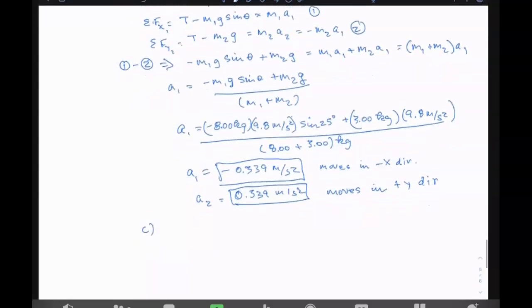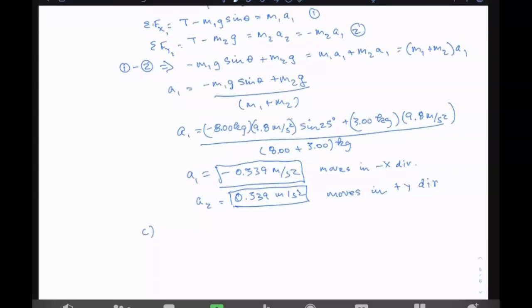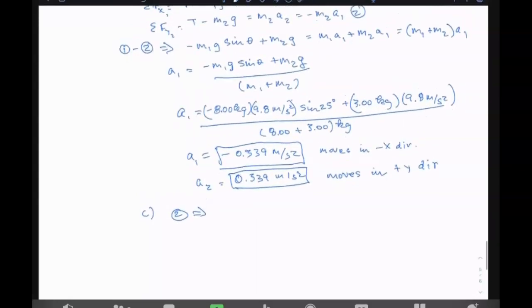I'm going to use equation 2 since I don't have to use the sine. So equation 2 tells me that T minus m2g is equal to m2a2. So T is equal to m2 times g plus a2.